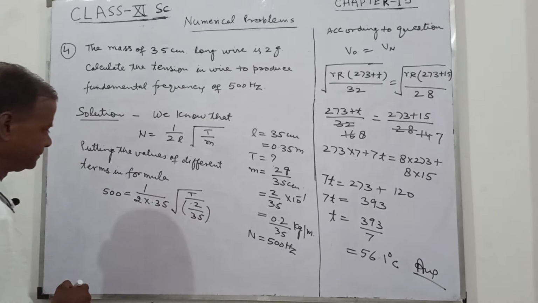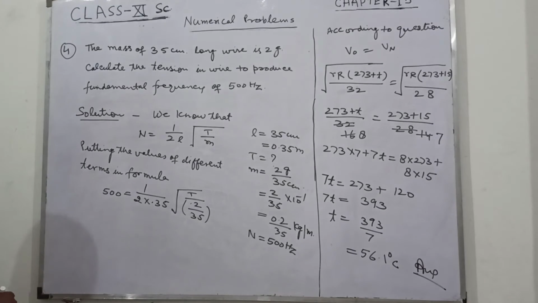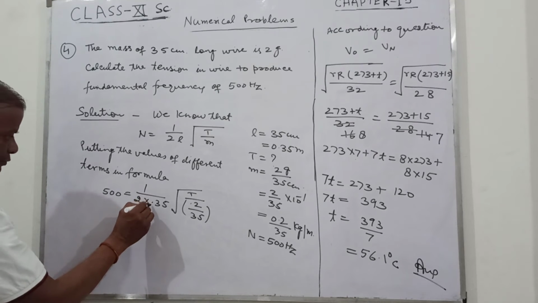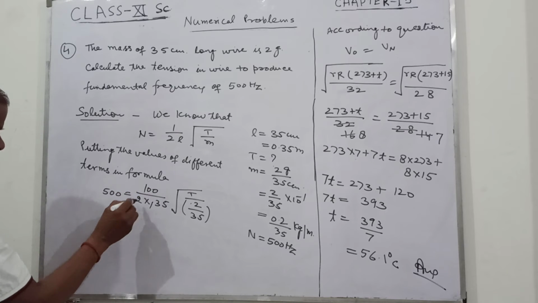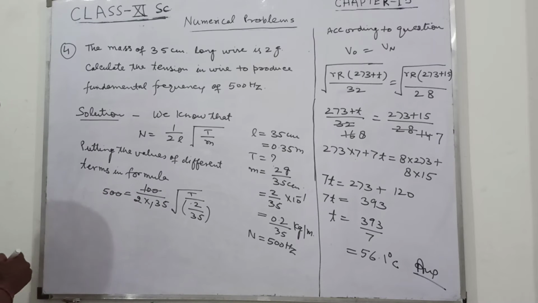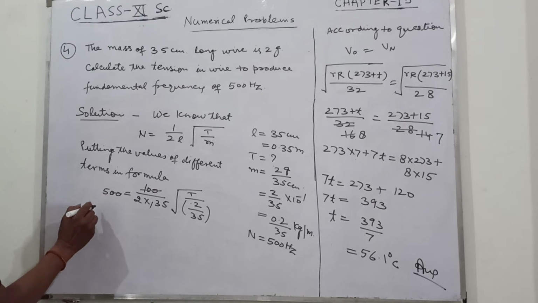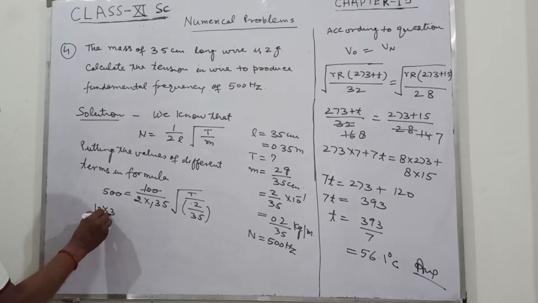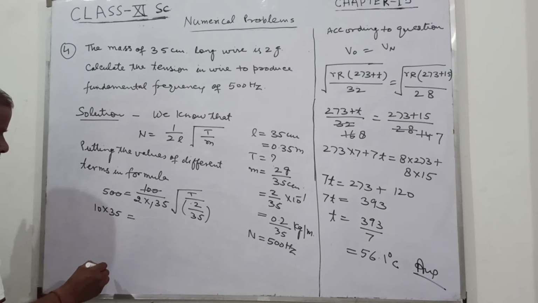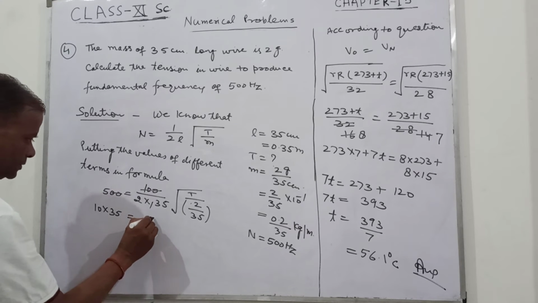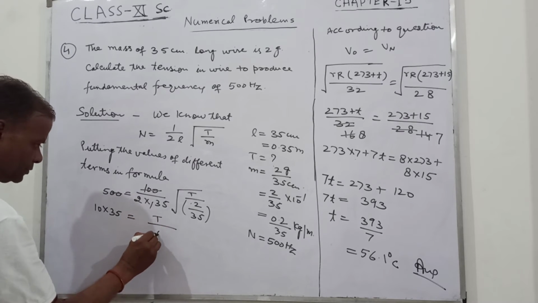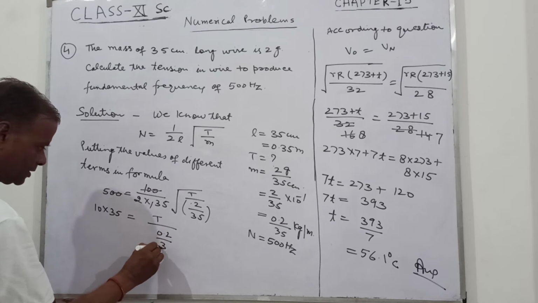Now the 2 zeros will cancel, and this is now 10 into 35 equal to square root of T upon 0.2 upon 35.